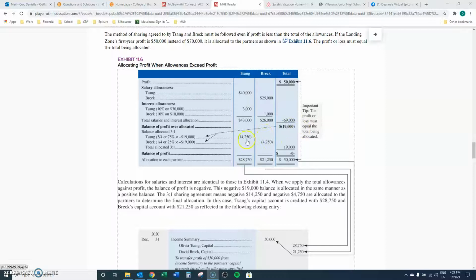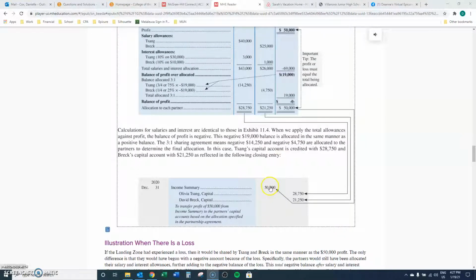Because we had the over allocation, we're getting rid of that, we're reducing it down. So we're reducing each partner's share of the profits so that we can only allocate out the 50. So again, you close your income summary, you debit, and then you credit each one of the partners' accounts with the respective amounts that we calculated here.